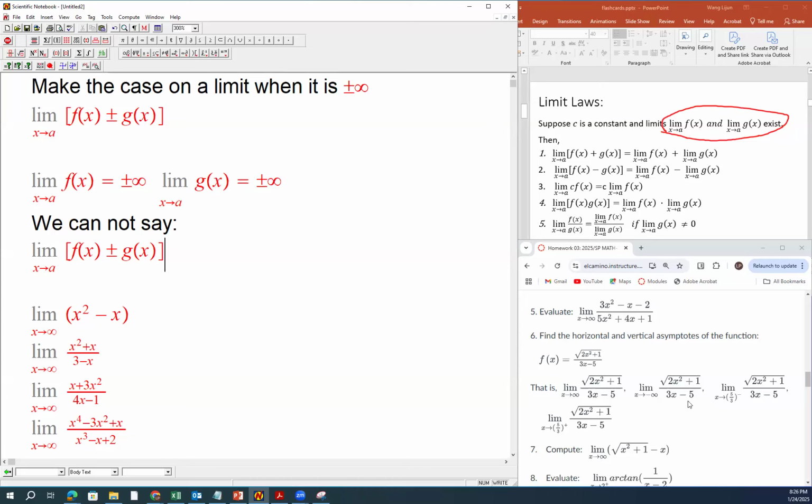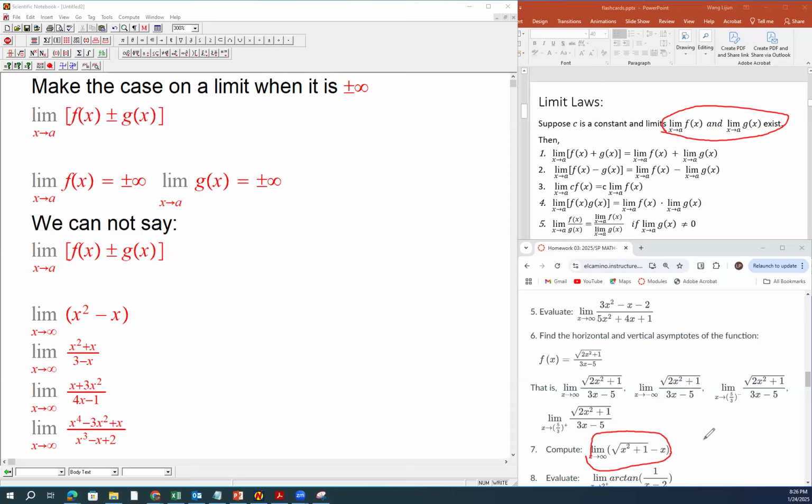And in truth, we have seen many, many examples. For example, in this case, we have talked about techniques for cases like this. As x approaches infinity, the square root of x squared plus 1 approaches infinity, and minus x also approaches infinity. So we have an infinity minus infinity case. Does infinity minus infinity equal 0 or infinity?